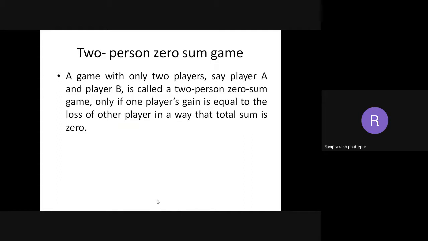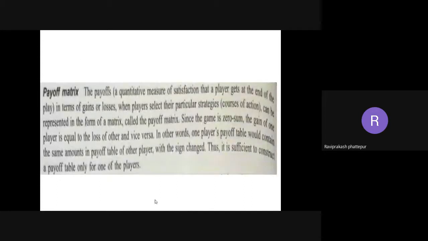Okay, next moving to payoff matrix. I need not explain much what payoff is. We have seen payoff, in the sense that it is the numbers where somebody is gaining or somebody is losing. But the reason I have put it here is that when somebody is losing and the other person is gaining equally, instead of taking two people's perspective, we are taking only one person's perspective.